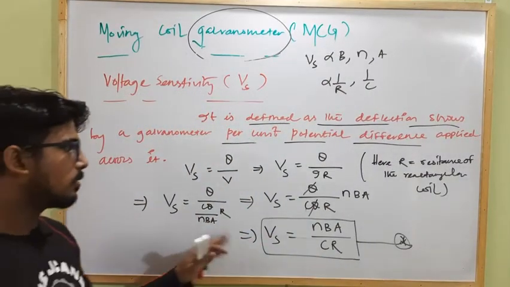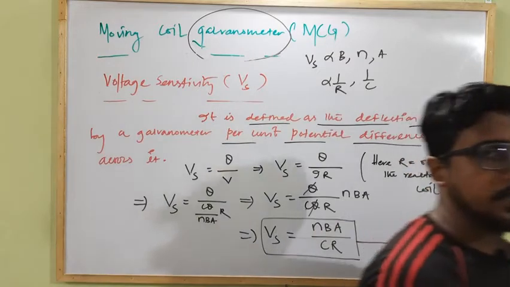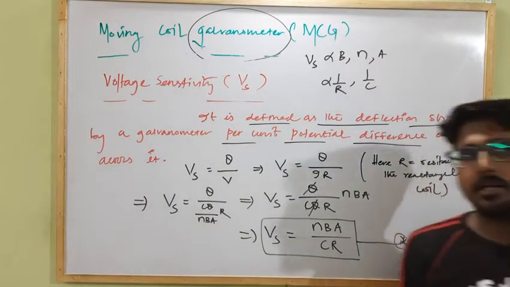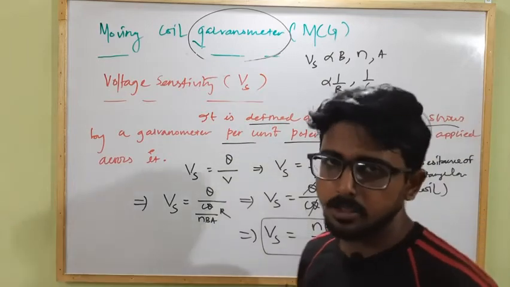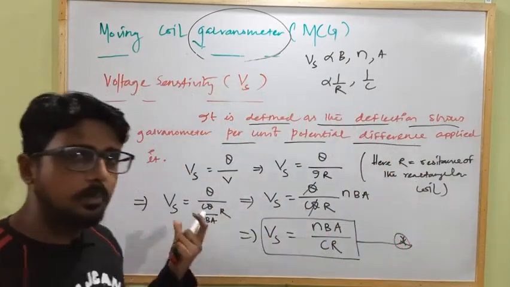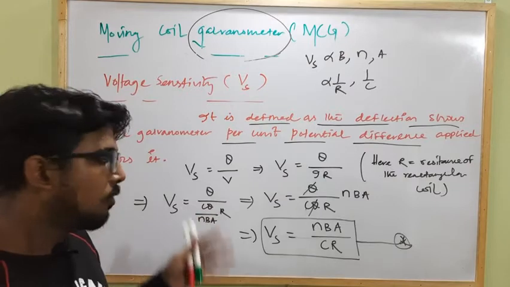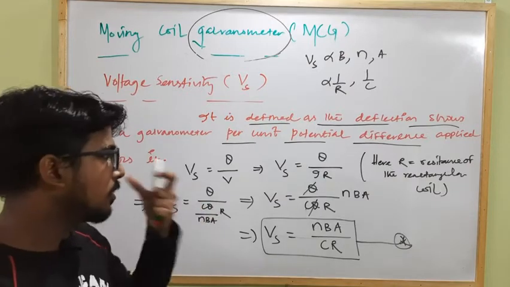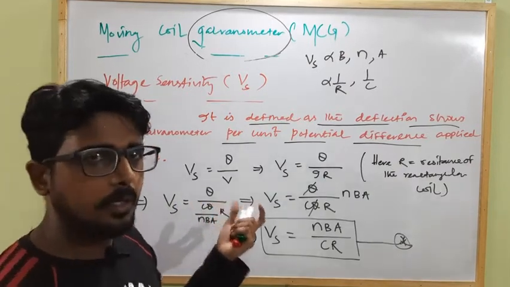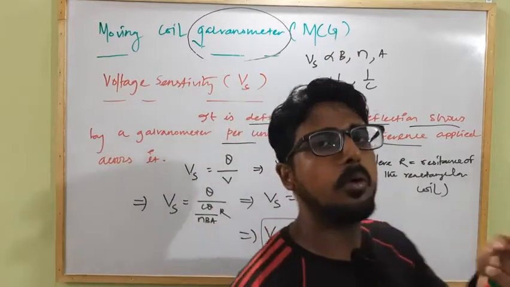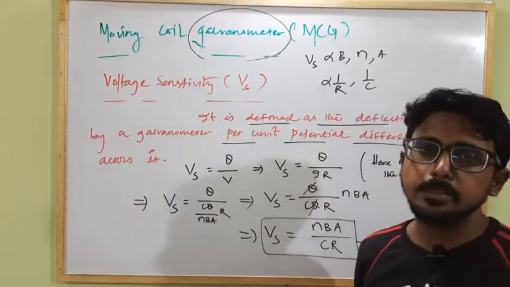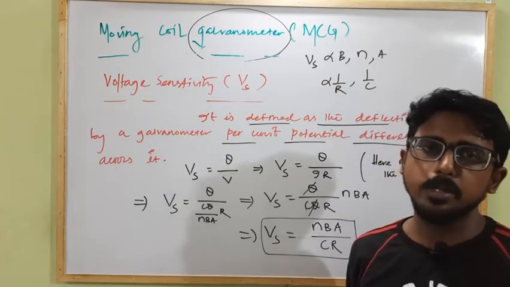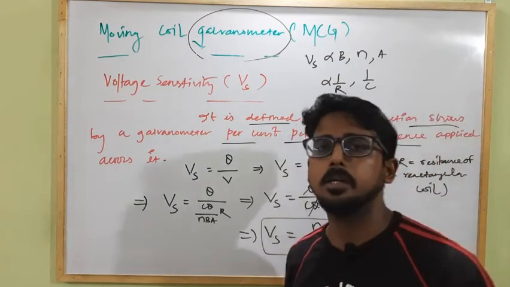Clear? So this is what is known as voltage sensitivity and current sensitivity of a moving coil galvanometer. So we already discussed today what is a moving coil galvanometer, on which principle it is based, what is the construction, how it works based upon the principle, and what are the current sensitivity, voltage sensitivity, and the galvanometer constant.